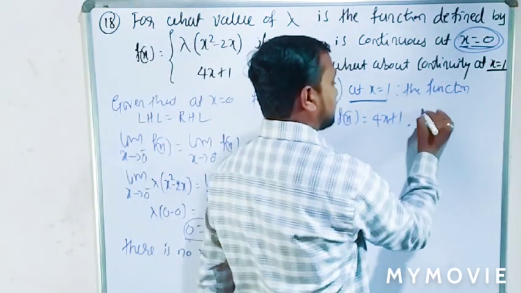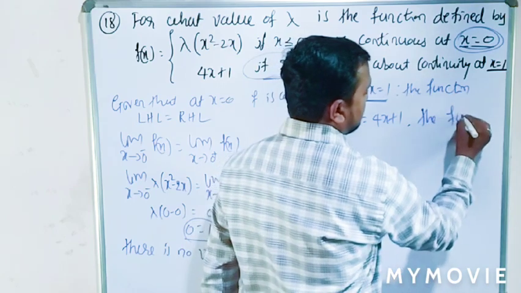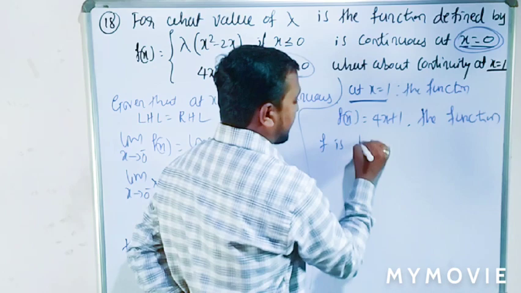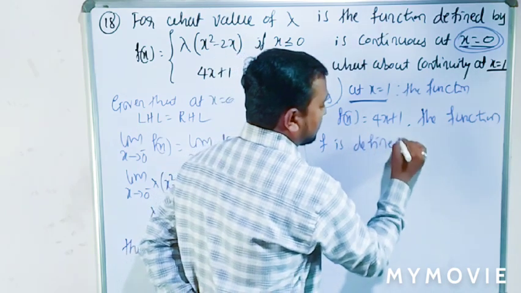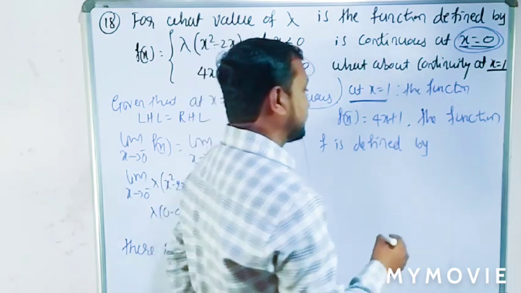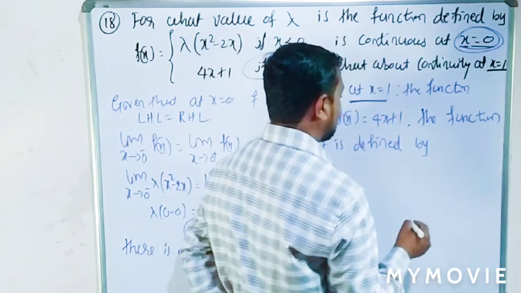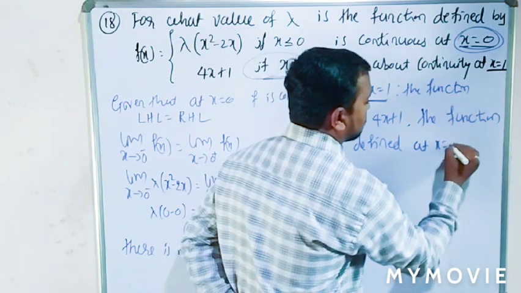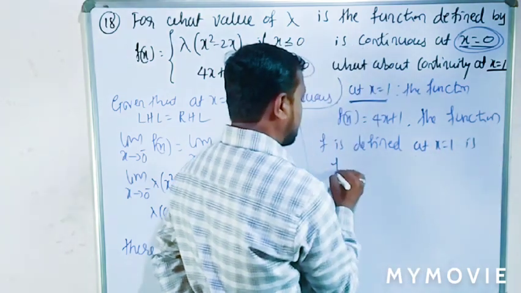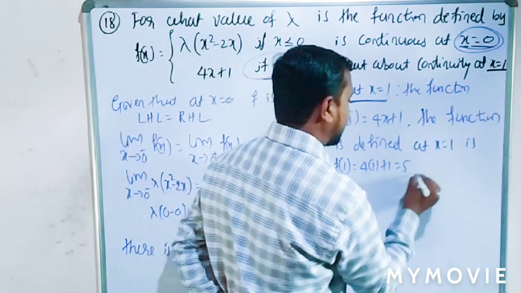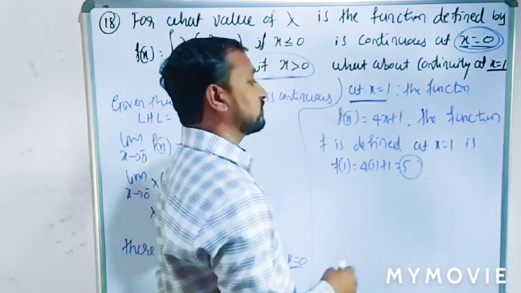The function f defined at x equal to 1 is f of 1 is equal to 4 into 1 plus 1 equal to 5. The constant function should be 5.